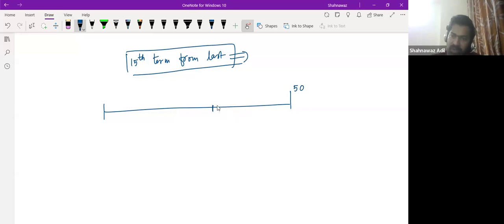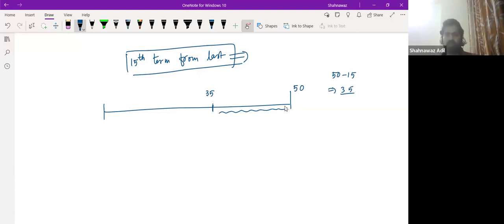Now you want to calculate the sum of the last 15 terms. The last 15 terms would be 50 minus 15, so this is 35. You want to calculate the sum of these terms.